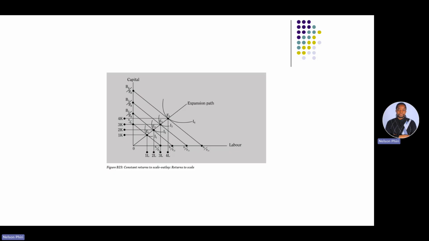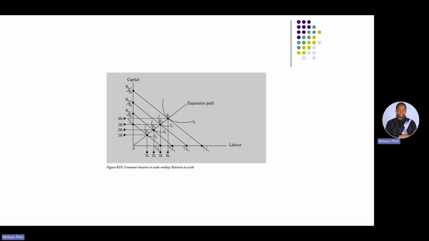So these are constant returns to scale. If you increase your inputs, which is both your labor and capital, by M, this will result in the precise increase in your output. So if you're using a technology, the expansion in output is similar to the changes in proportion of your labor and capital that you're using.